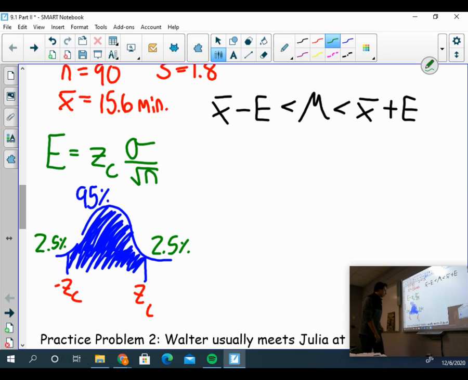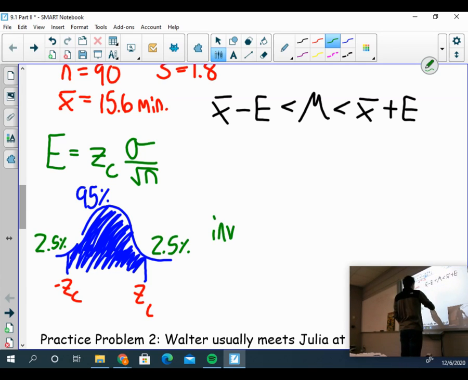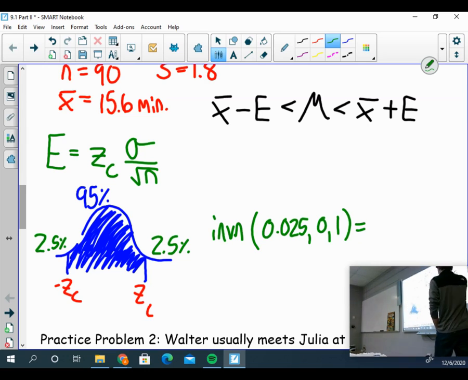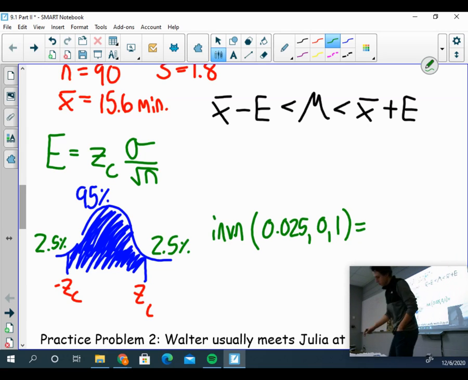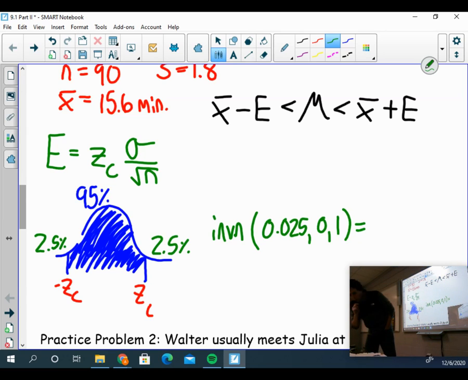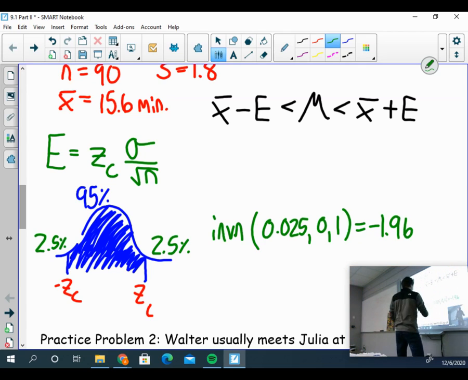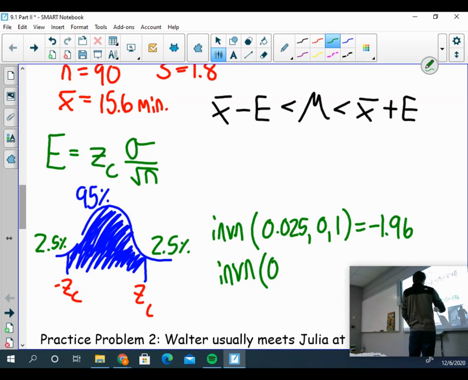Which means if we set up inverse norm, we find that our critical value on the standard normal curve is 1.96, and the left boundary is negative 1.96.